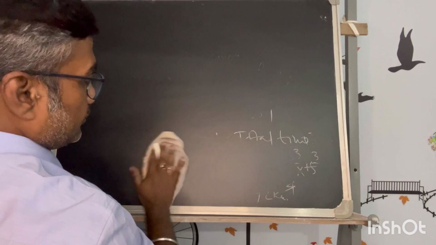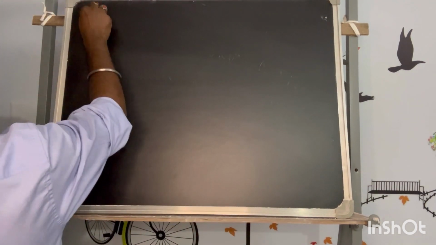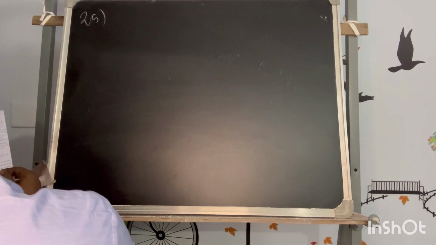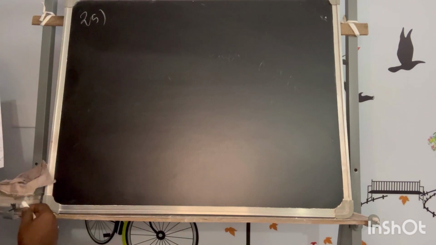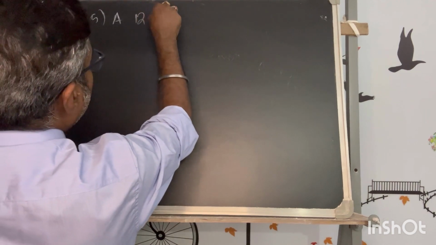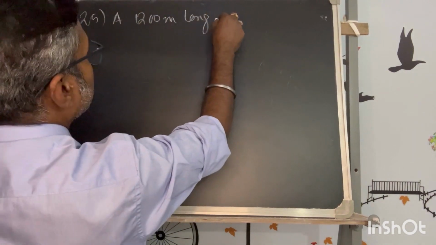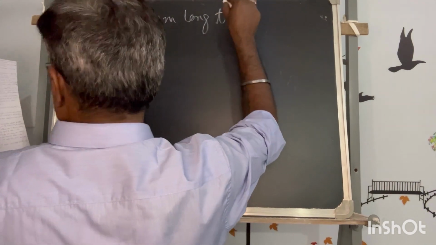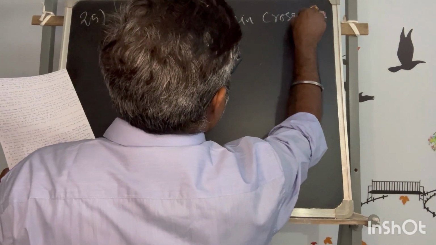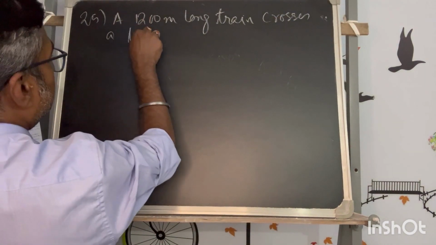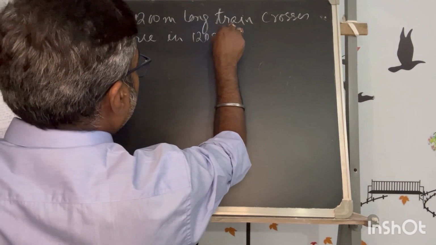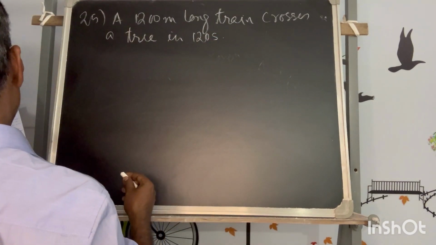Now I will move to problem 25. A 1200 meter long train crosses a tree in 120 seconds.